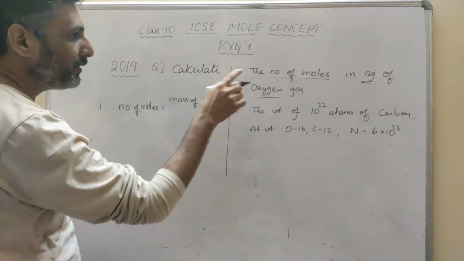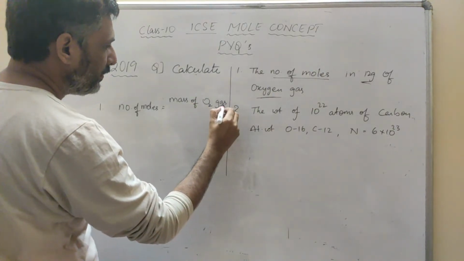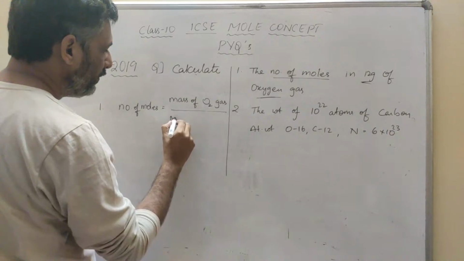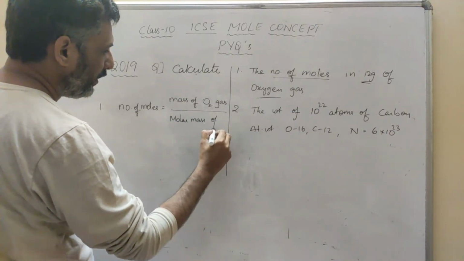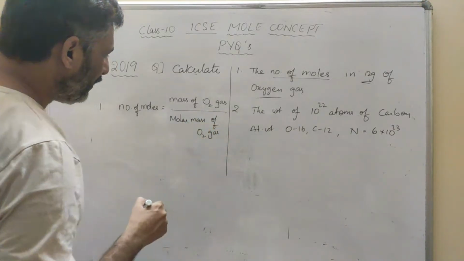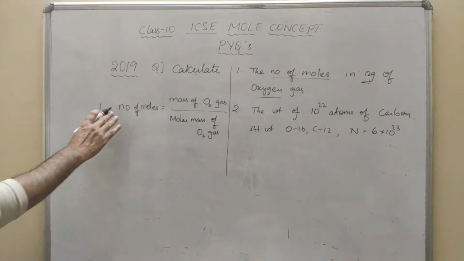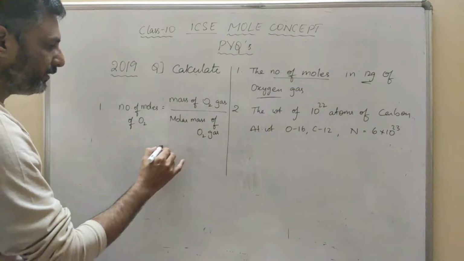Here what is the substance? Oxygen. So mass of oxygen gas divided by molar mass of the substance. What is that substance? Oxygen gas. So this is the formula you are going to use to find the number of moles of oxygen gas.